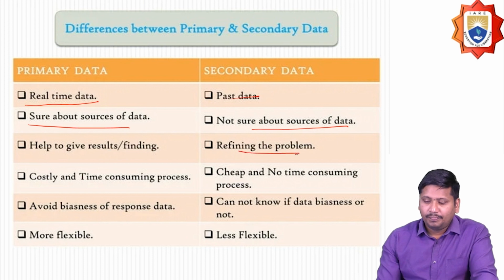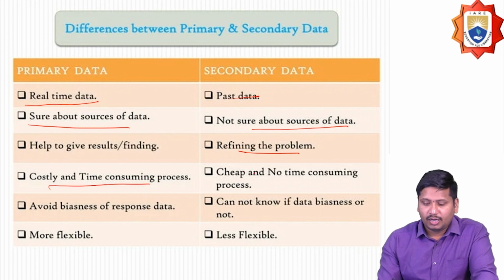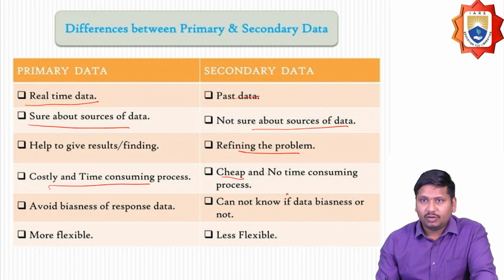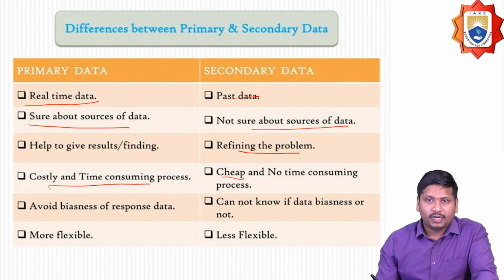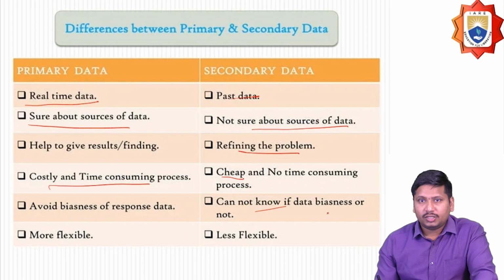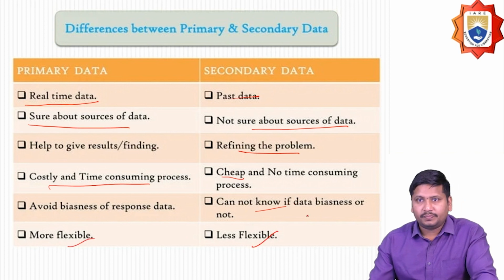Primary is a costly and time-consuming process, and secondary is not that costly. It is very cheap and no time-consuming process is required for secondary, since the data already exists. Primary also avoids biasness in responses, while with secondary you can't know whether it is biased or unbiased. Primary is more flexible and secondary is less flexible.